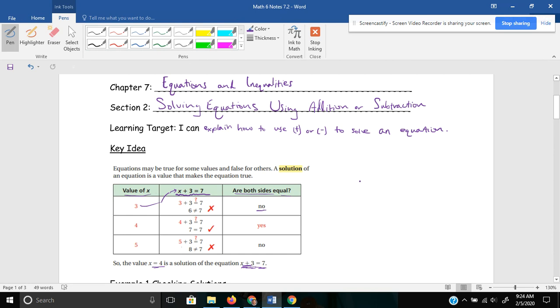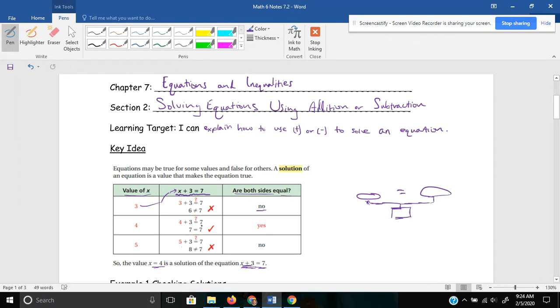We can compare an equation to a scale. If you've ever seen those old scales where it's got the base here, and then a couple arms coming off, it's a balancing scale, right? And right here would be the equal sign if they're the same height and balanced.